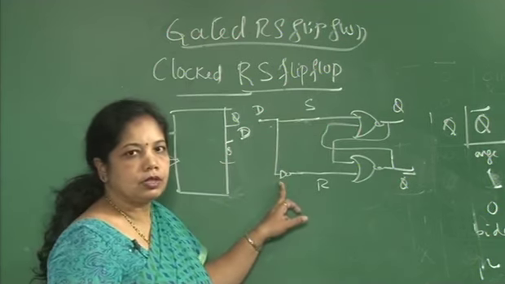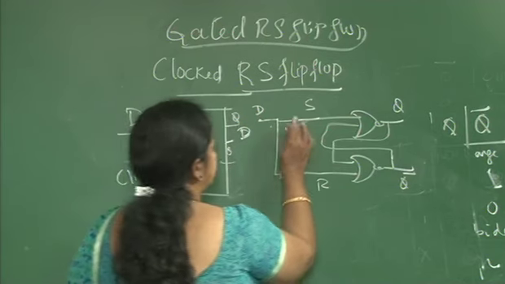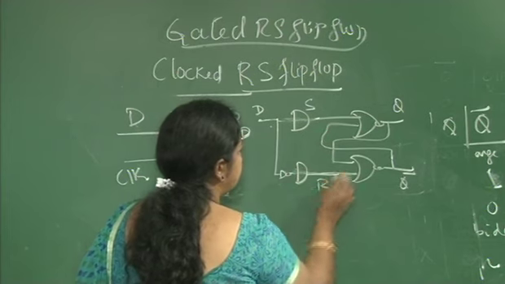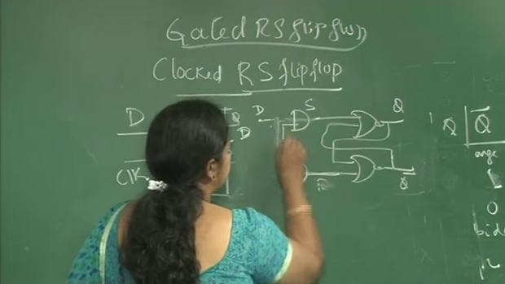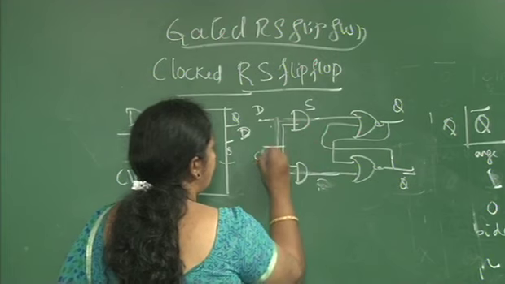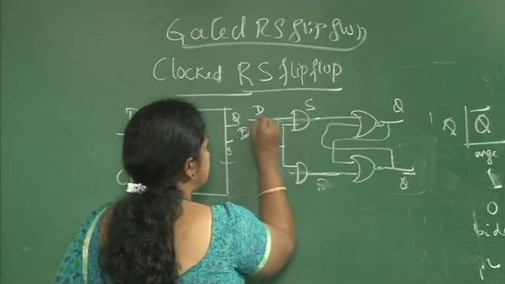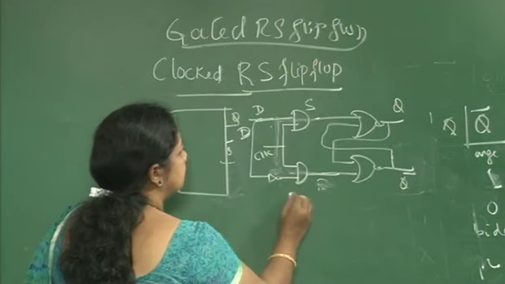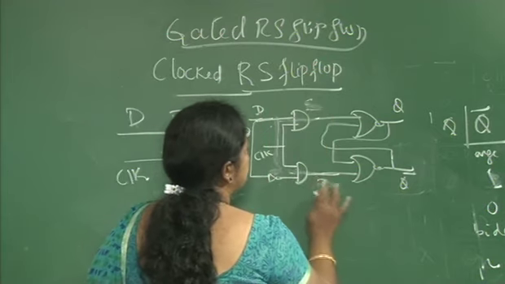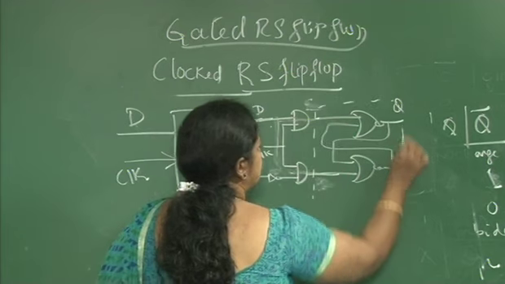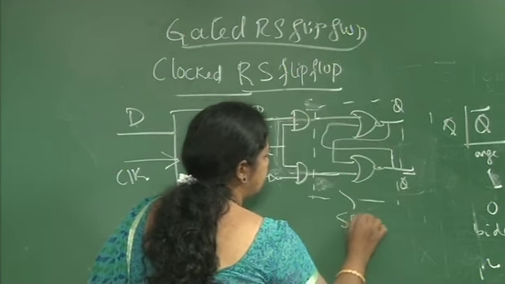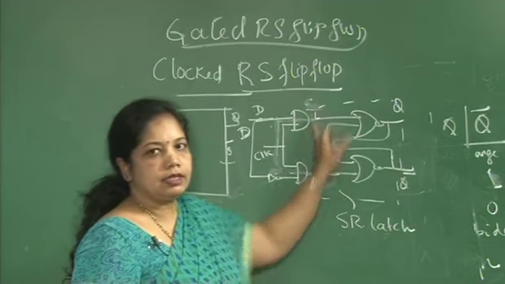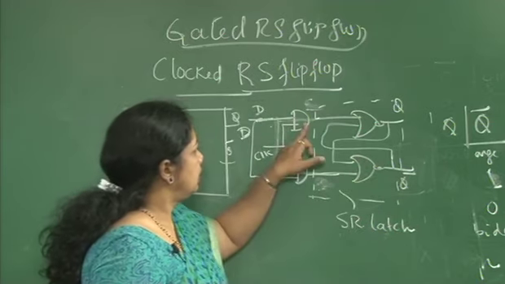Once again, if I need to connect a clock, I need to use one more AND gate, additional input to connect these two through clock, and this is a single input. This remains your SR latch. This internal circuit is SR latch.